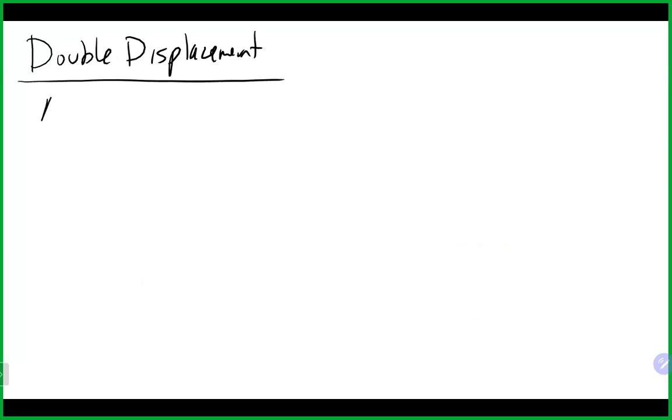Now, just to summarize what we've been talking about in terms of classification, again, we have the big classification of double displacement, which is basically two ionic compounds switching partners, making new ionic compounds on this side.